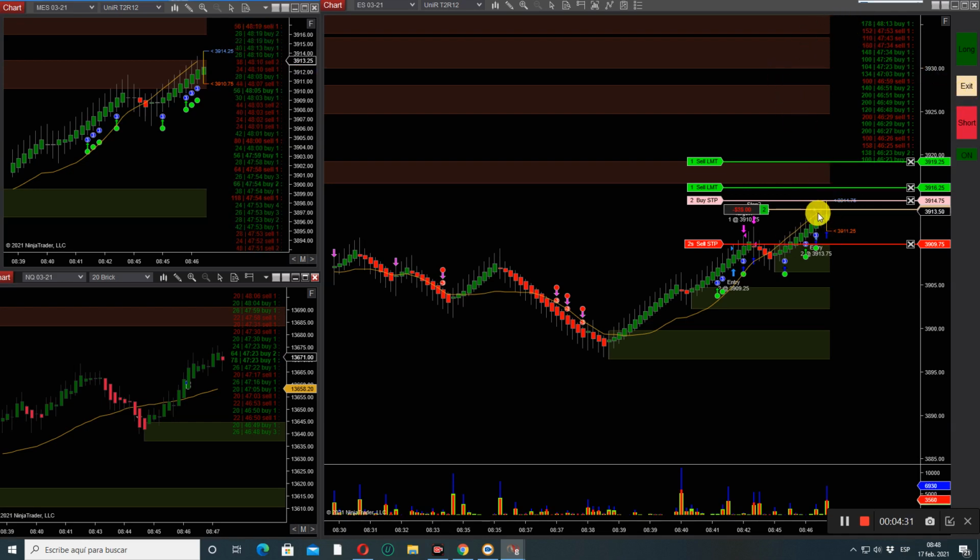Still accumulating inter-bar. Lots of buyers. They're accumulating. They're gonna take it a little bit higher. Nasdaq is stopping the market right now.